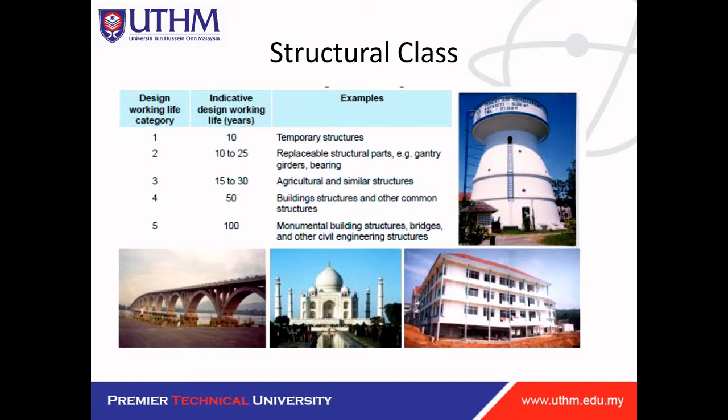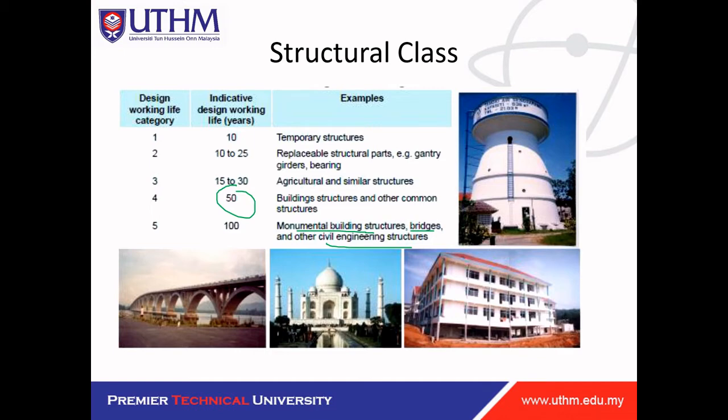The third is 15 to 30 years, for agricultural and similar structures. Class 4 is 50 years, for building structures and other common structures. Normally for common structures, we will use this one. Category 5 is 100 years, for monumental building structures, bridges and other civil engineering structures. So you need to refer to the design working life category for durability.